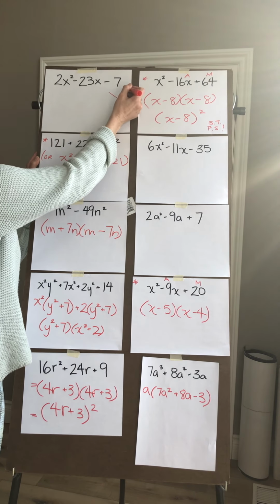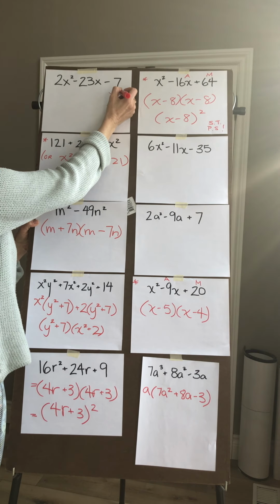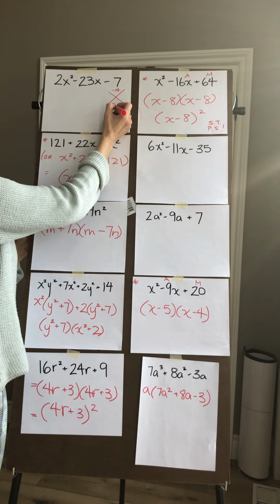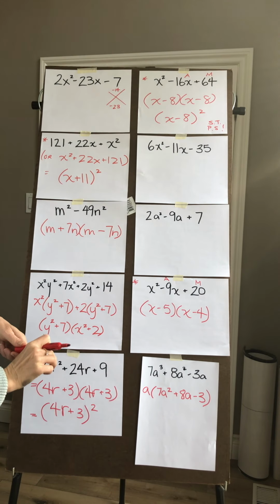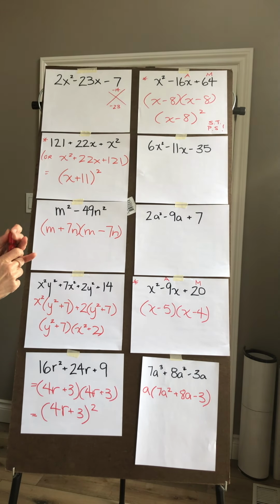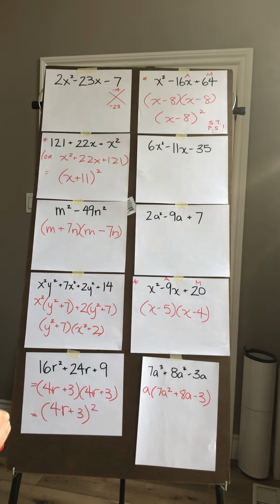So if we go up here, we need 2 numbers that multiply to -14 and add to -23. All right, I'm trying to go over this one. I think this might be the one that's not factorable, to tell you the truth.